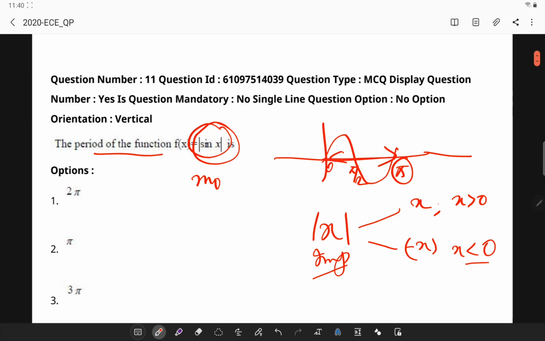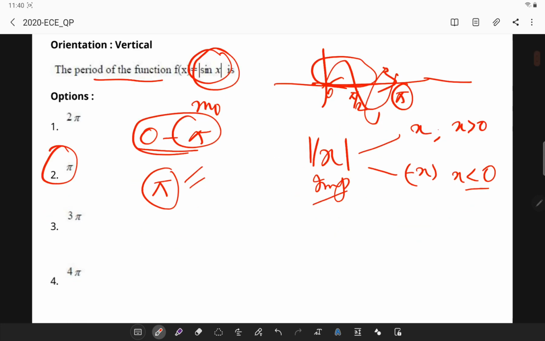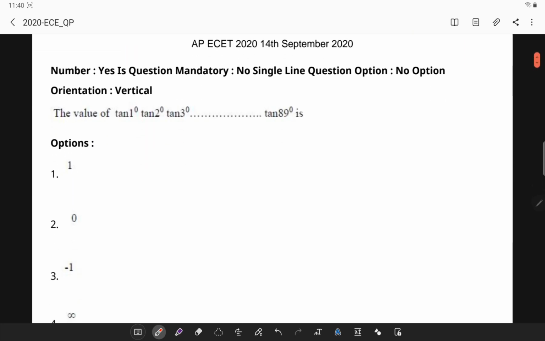So for sin x from 0 to pi, when you apply a modulus, the value is supposed to be only positive, so I will be moving this to this, and I will be left with period as pi.